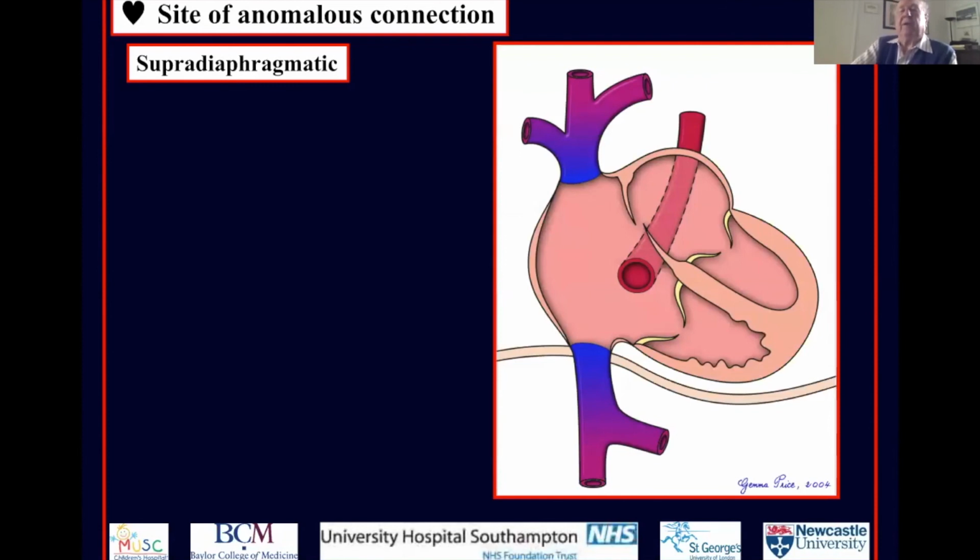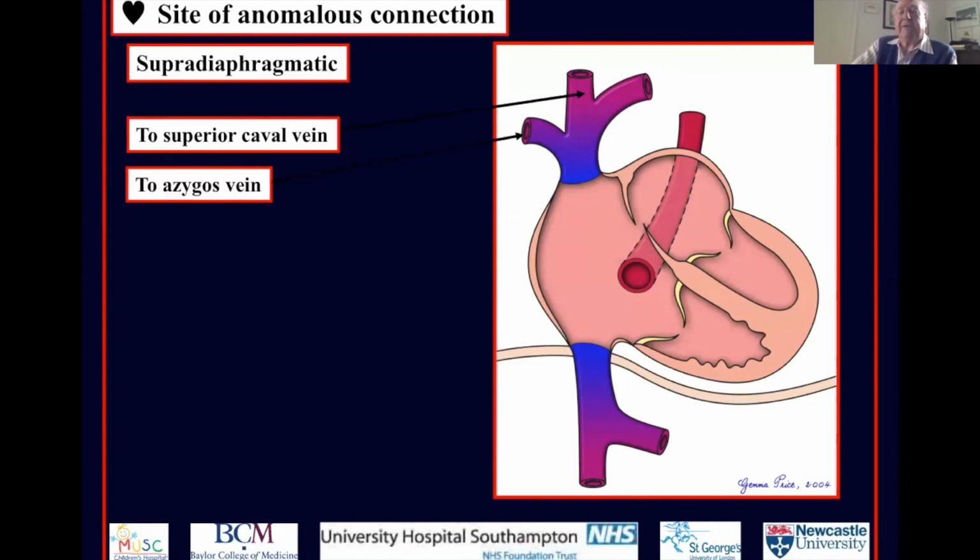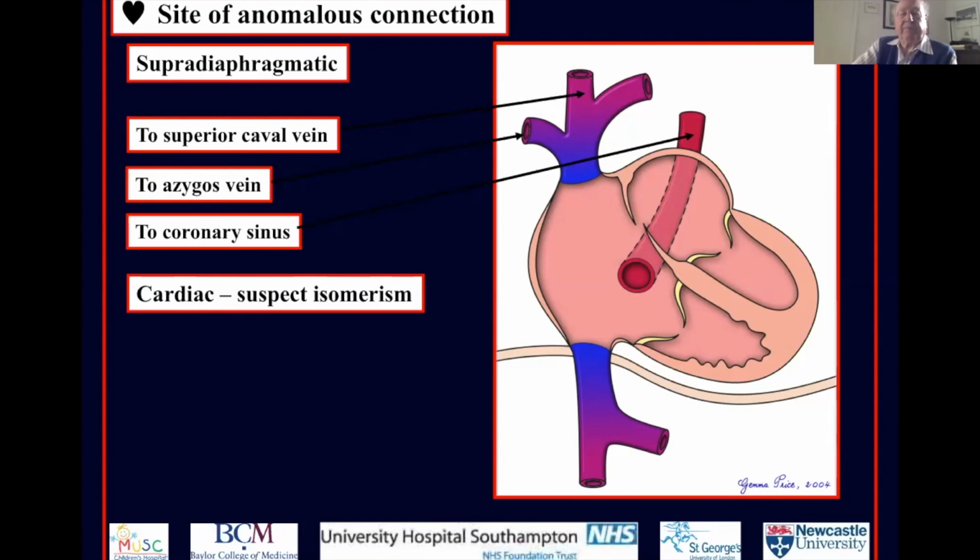So when we think of these anomalous connections, we then have to think, where do they drain? And they can drain above the diaphragm to the superior caval vein, to the azygous vein, or they can drain to the coronary sinus, and the coronary sinus will then drain into the right atrium.